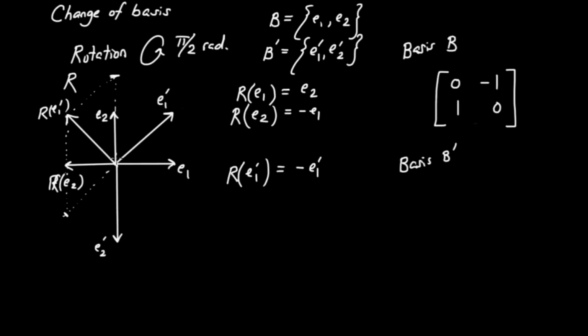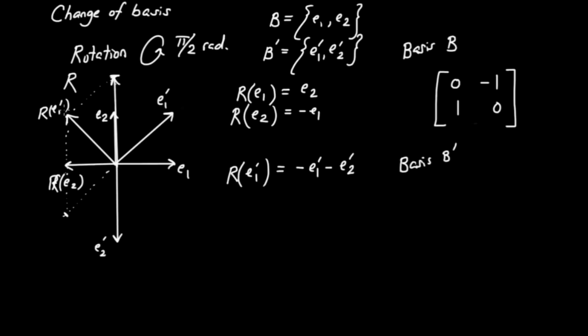What is the vector from here to there? Well, that's just negative E2 prime. So what we have is minus E2 prime. So basically you can see that if we take this vector and add to it this vector, then we get that vector.